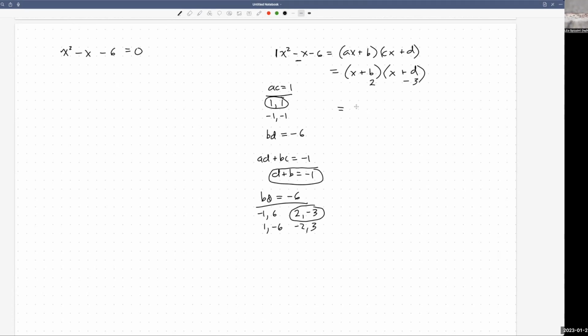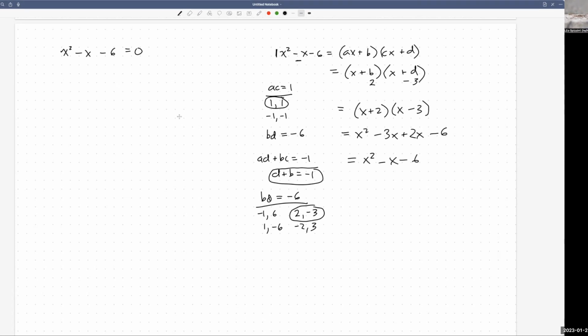So what this is going to look like is (x + 2)(x - 3). Let's just double check by multiplying this out. We've got x times x is x squared, x times negative 3 is minus 3x, x times 2 is plus 2x, 2 times negative 3 is negative 6, and this indeed is x squared minus x minus 6.